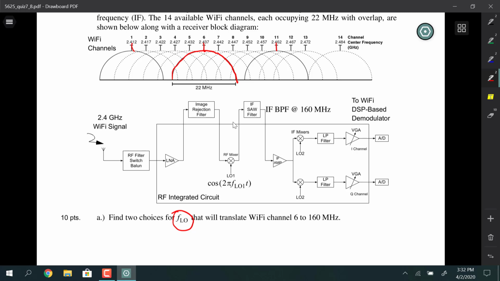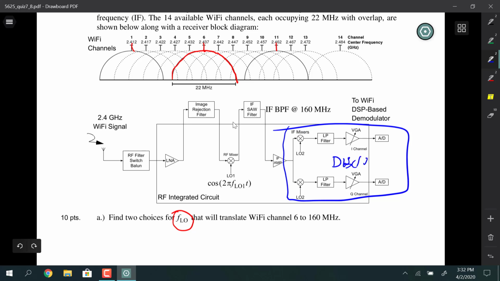Then they show an IF filter outside the chip, an IF amplifier, and some additional down conversion and mixing to go into the digital domain. This whole back end is really just to get it converted to discrete time, in other words, to use DSP for everything else after that.